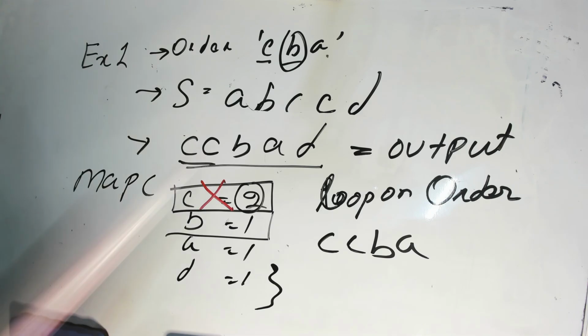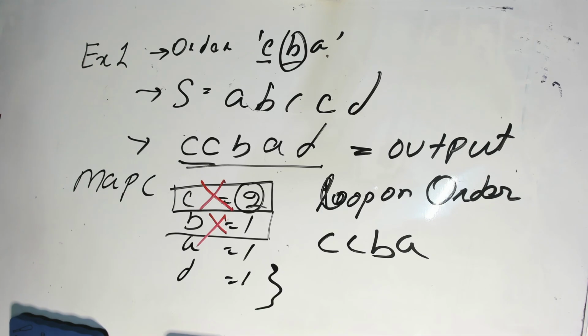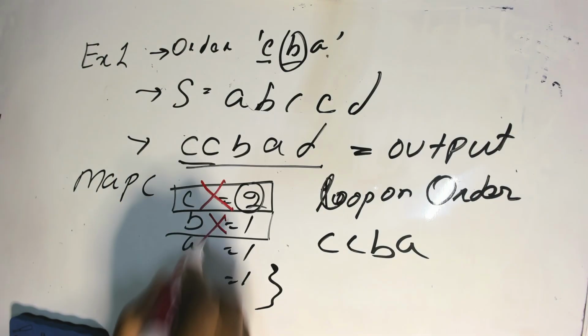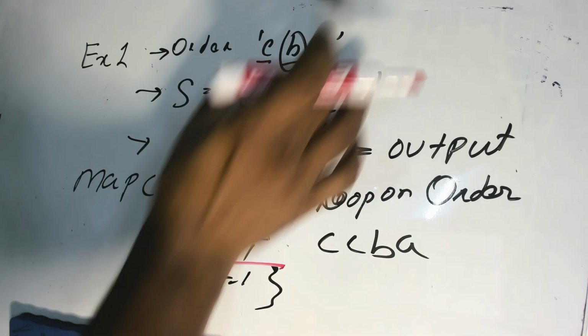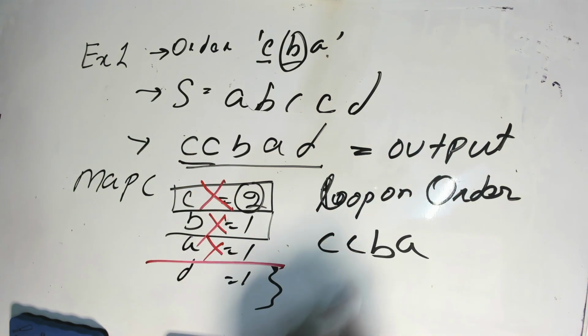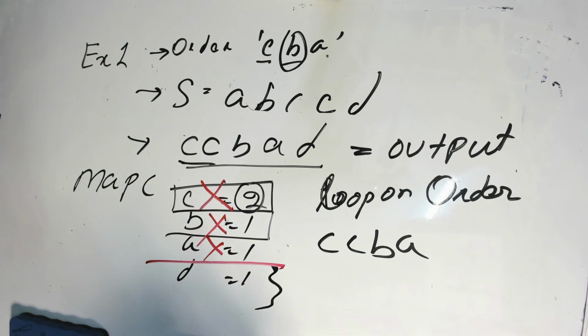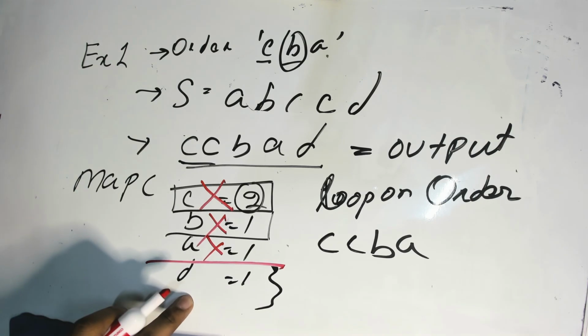Same way, once we used B, we're going to delete it from the map, and once we used A, we're going to delete it from the map. So after our loop on the order is completed, we're going to get CCBA. Then we're going to again check if anything is left in our map. Then we're going to find D, right?